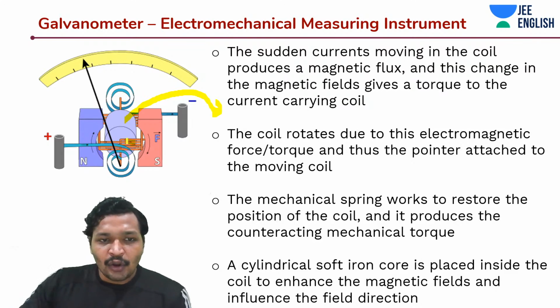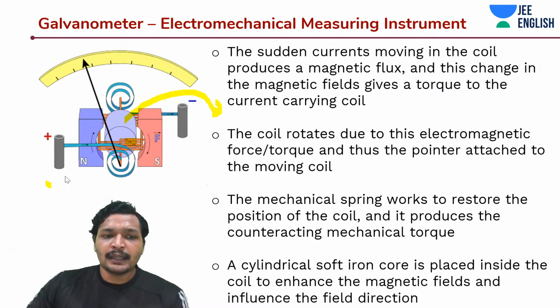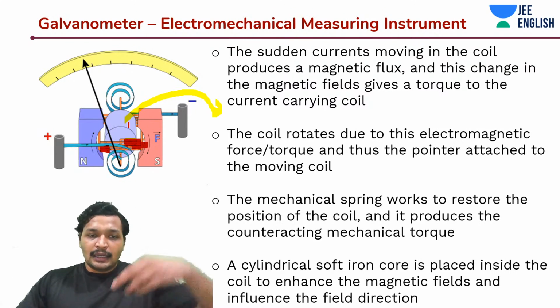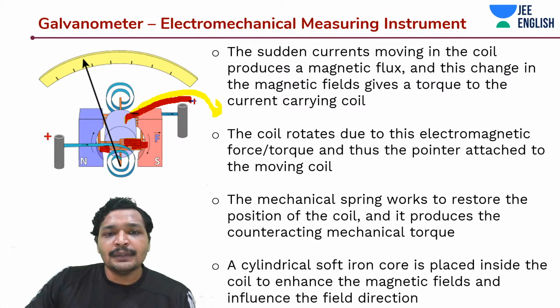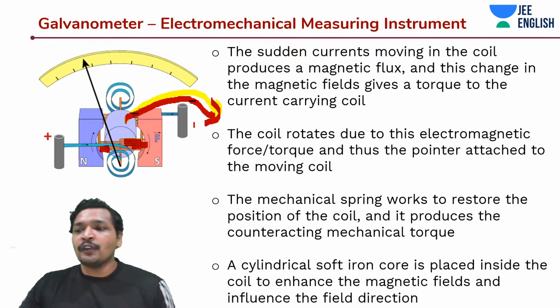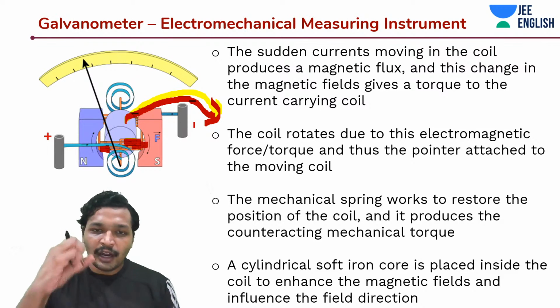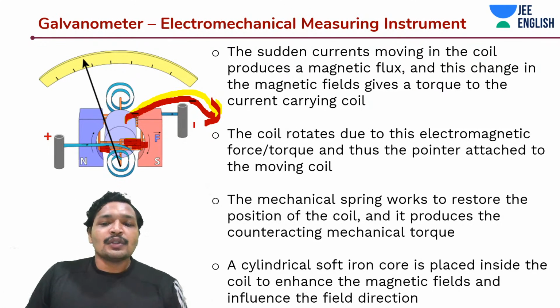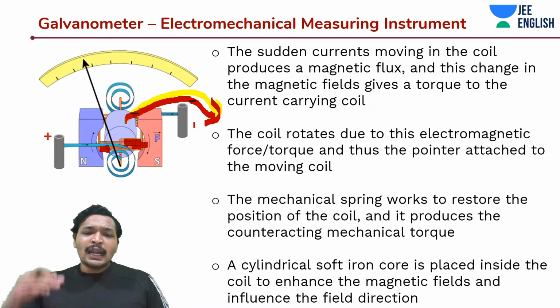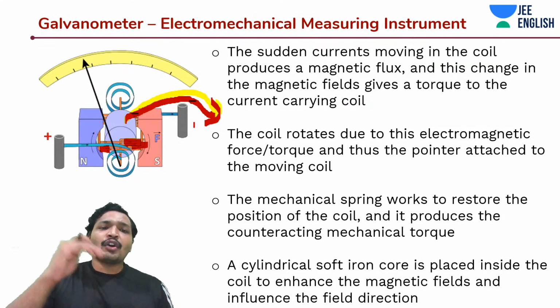If you notice, there is this coil, and inside the coil there is a soft iron cylinder. Soft, I mean, not in terms of mechanical hardness, but in terms of ferromagnetic hardness. So it's a soft iron core placed inside this coil.